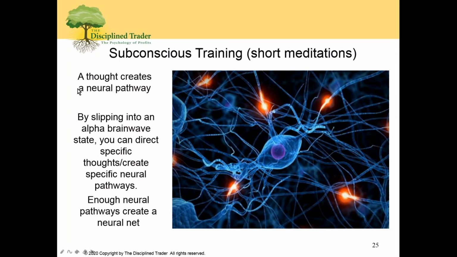You'll be taking them with confidence. A thought creates a neural pathway. This is a picture. These are neural pathways. These are energy pathways that carry thoughts. By slipping into an alpha brainwave state, you can direct specific thoughts and create specific neural pathways.